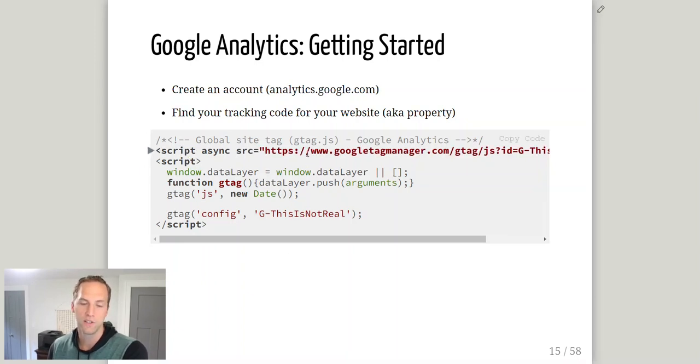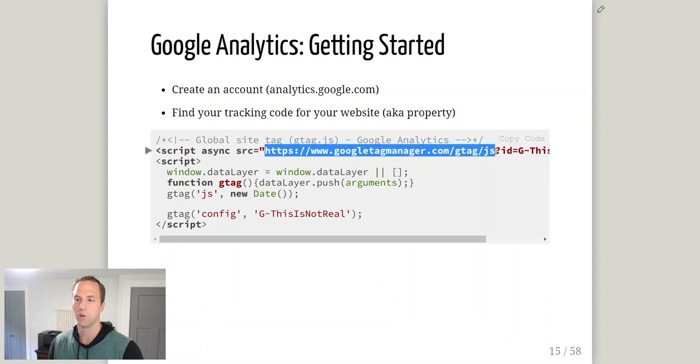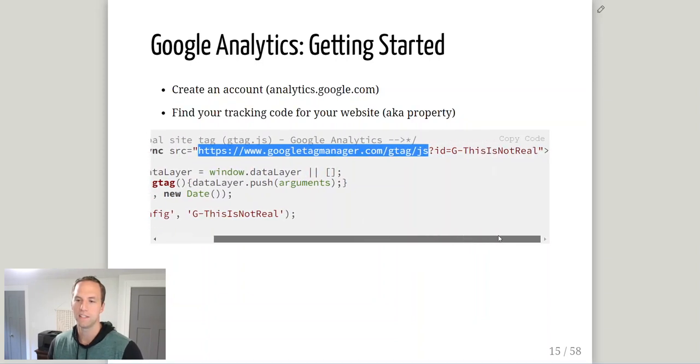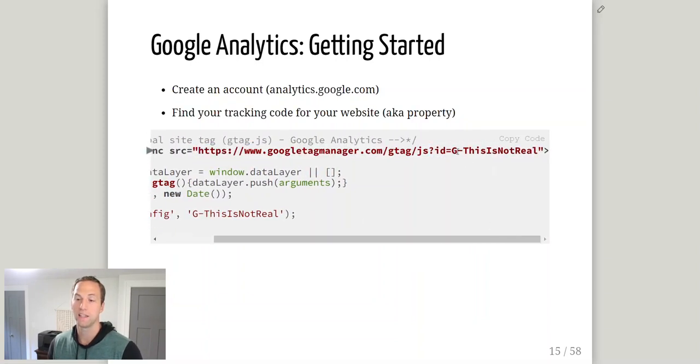You're going to notice that there are two scripts here that include JavaScript code. So you first have this async source, and there's a Google Tag Manager URL here. And this URL is going to contain something like your G code, basically. This is not a real G code. Yours will just be a bunch of numbers.